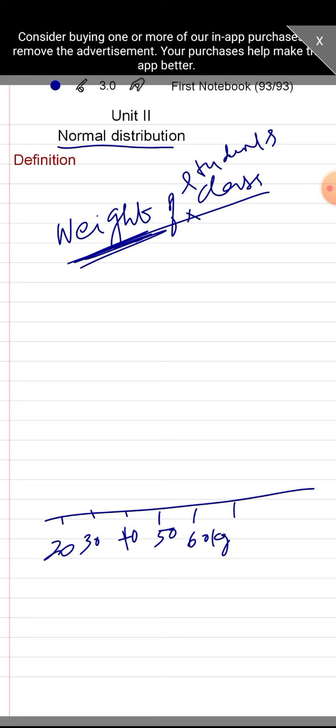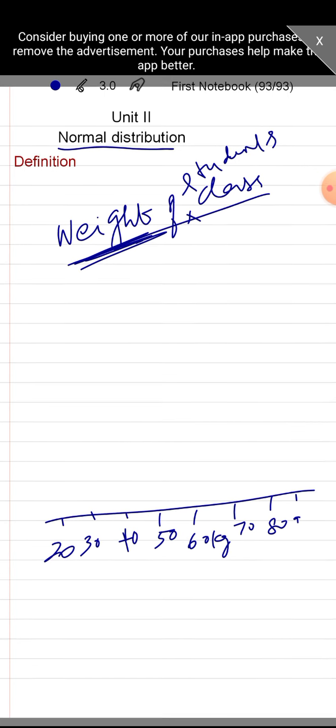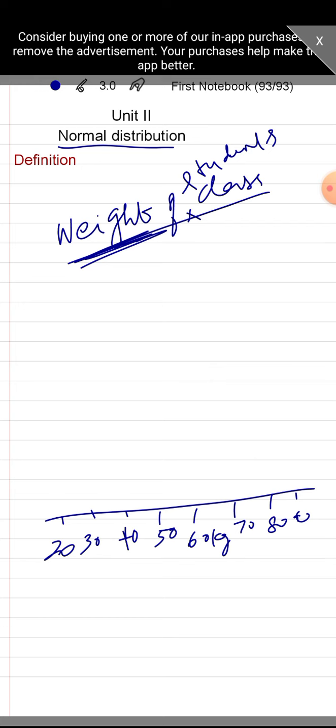I'm going to consider it in kgs. 70, 80, 90. So I'm going to consider this like this. So 90.